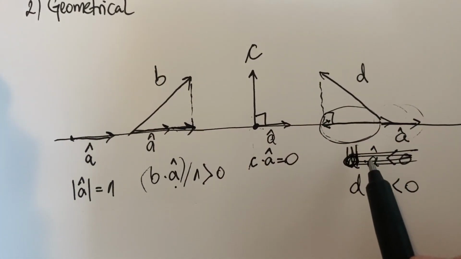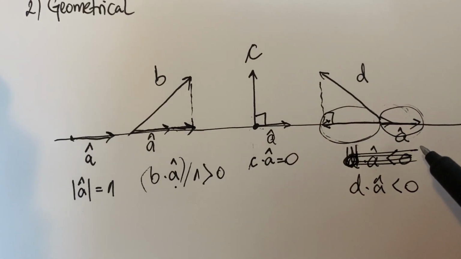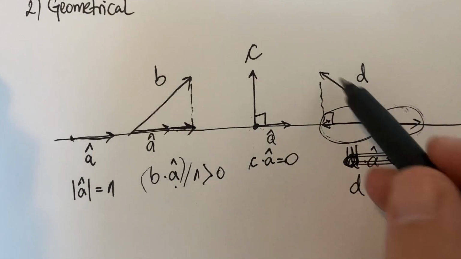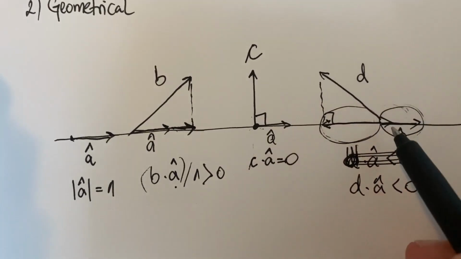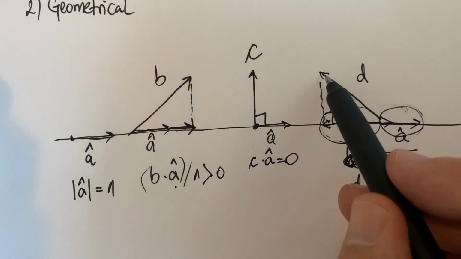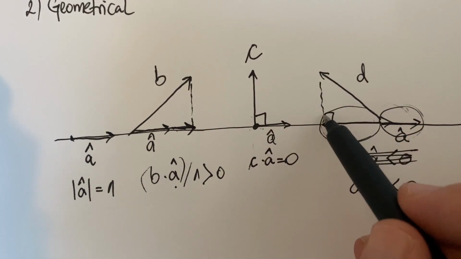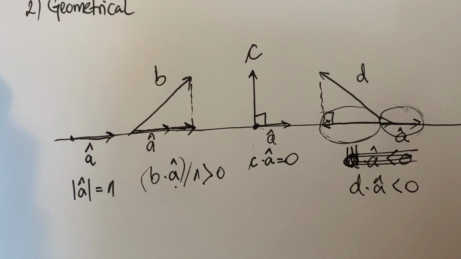So if they're pointing in a different direction, if you want to project this one onto this one, normally you can't really do it. There is no way to put a line down and project it so it has this right angle.